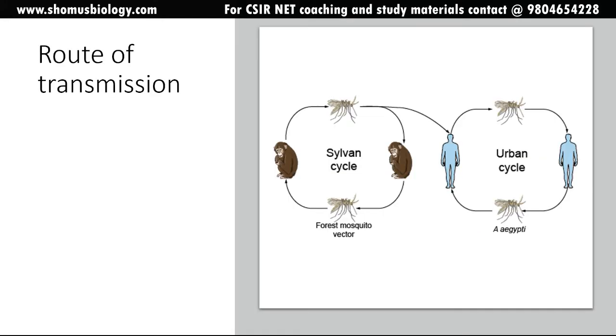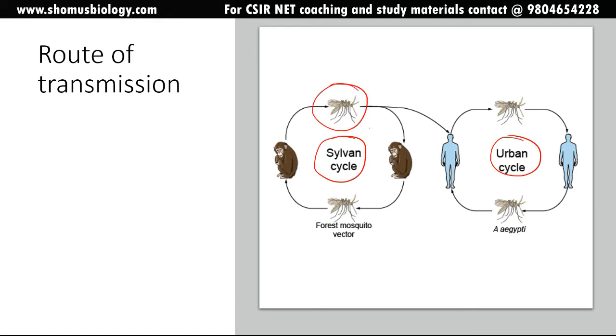What is the route of transmission? This virus has a host, and in this case it attacks humans, but via mosquito bite only. There are two different cycles with the mosquito. One is a sylvan cycle, in which the mosquito can attack primates other than humans, such as chimpanzees, and the other is an urban cycle, with which it can attack humans.